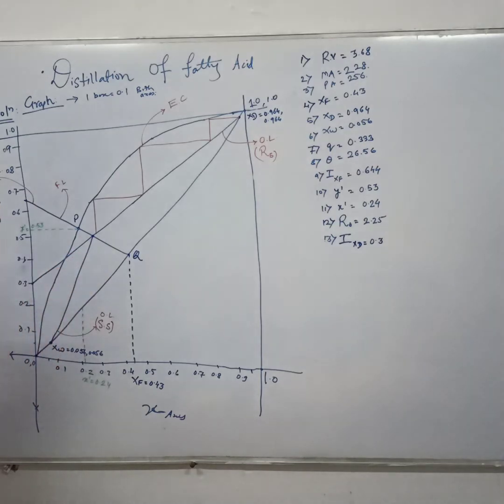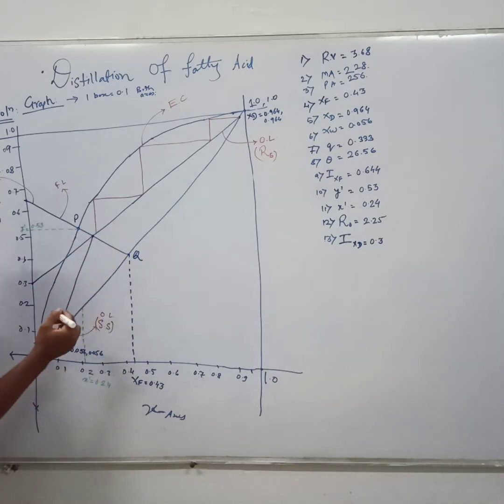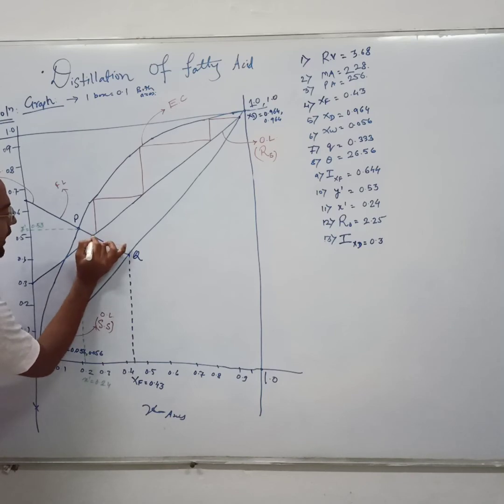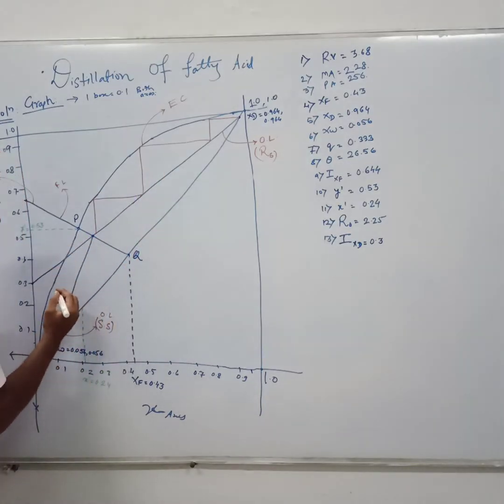Now most students get confused on this typical part of this numerical: till where you need to draw this vertical line, because from that point your rectification section ends and your stripping section starts.